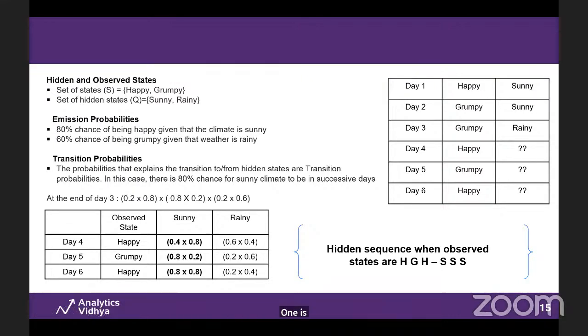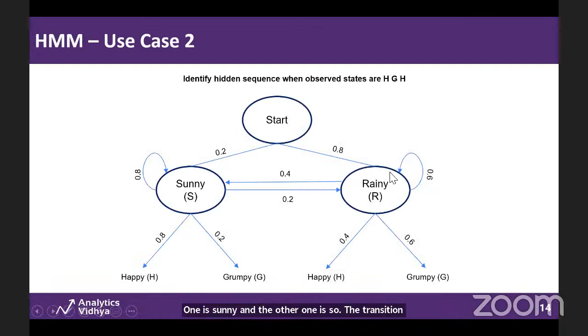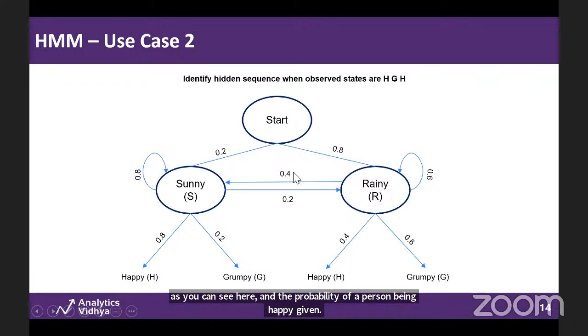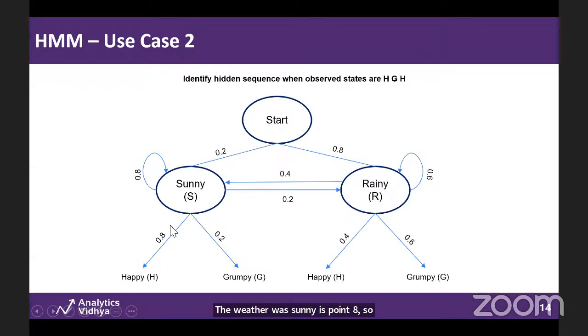So the transition from rainy to sunny is mentioned here, which is 0.4, as you can see here. And the probability of a person being happy given the weather was sunny is 0.8. So 0.4 into 0.8 becomes the probability for the weather to be sunny on day 4.